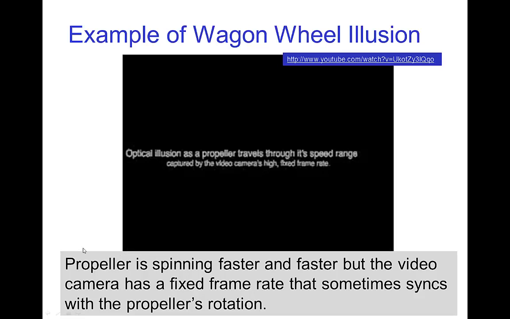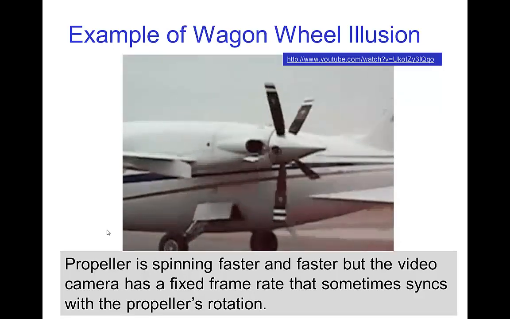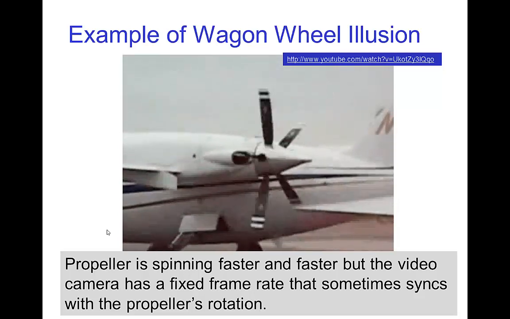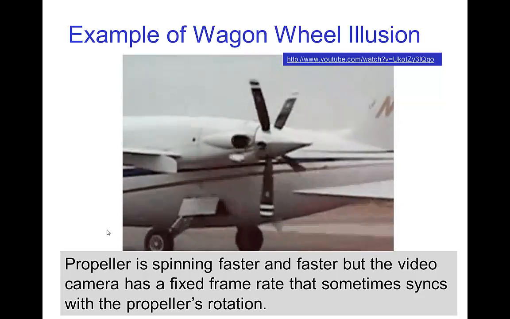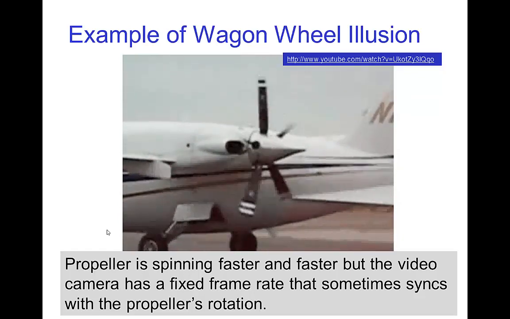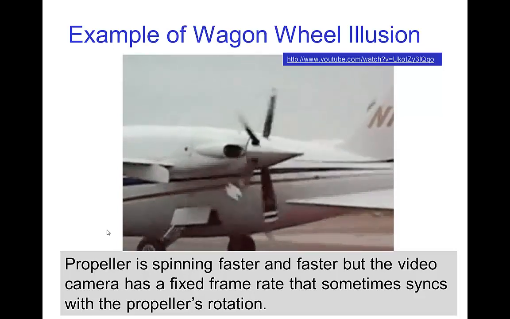So here's a video that illustrates this. This is a propeller on an airplane, and the propeller is spinning faster and faster, and yet it appears that the propeller seems to come to a stop and then turn one direction, then turn the other direction, then come to a stop.